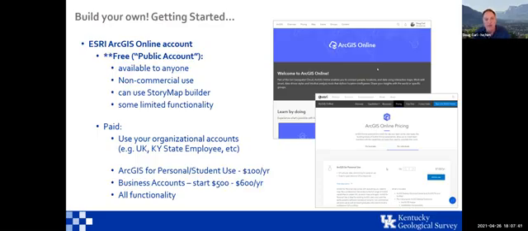It's called a public account. It's available to anybody. Again, you have to use this for non-commercial use, so you can't use it to promote your business. But if you just want to build an educational story map with open data, then that's what you want to do: get a public account.